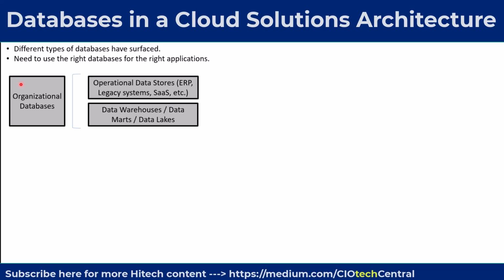For the most part, organizational databases can be broken down into two categories. The first ones are the operational data stores that store operational data related to an organization's ongoing operations and processes. The second set of databases are used for data analytics and comprise of data analytics and data warehouses.